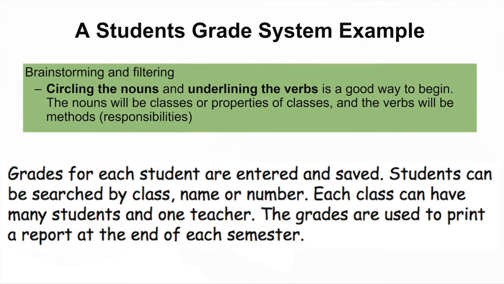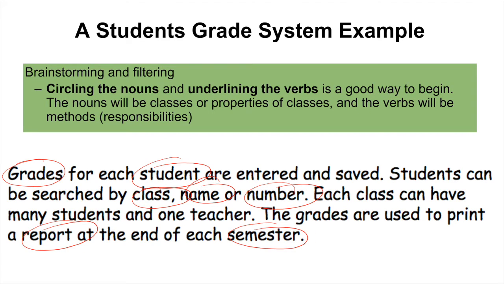An example of this might be in the student's grade system that we mentioned earlier. If I wrote down a description of exactly what I expected the system to do, and I started off by circling the nouns, I might have grades, students, class, name, number, report, and semester.